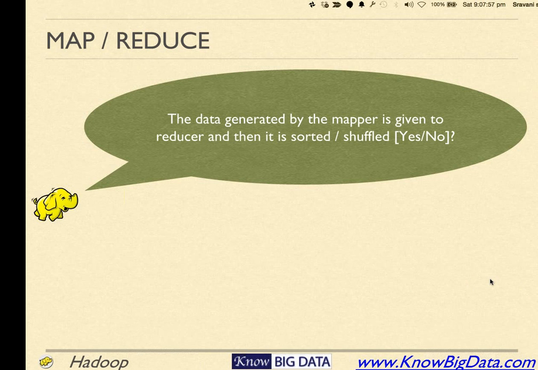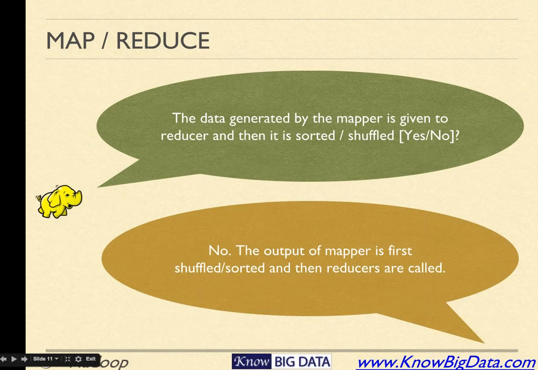You remember the diagram we talked about earlier? Yes. So, no, the output of the mapper is first sorted or shuffled, and then the reducers are called.